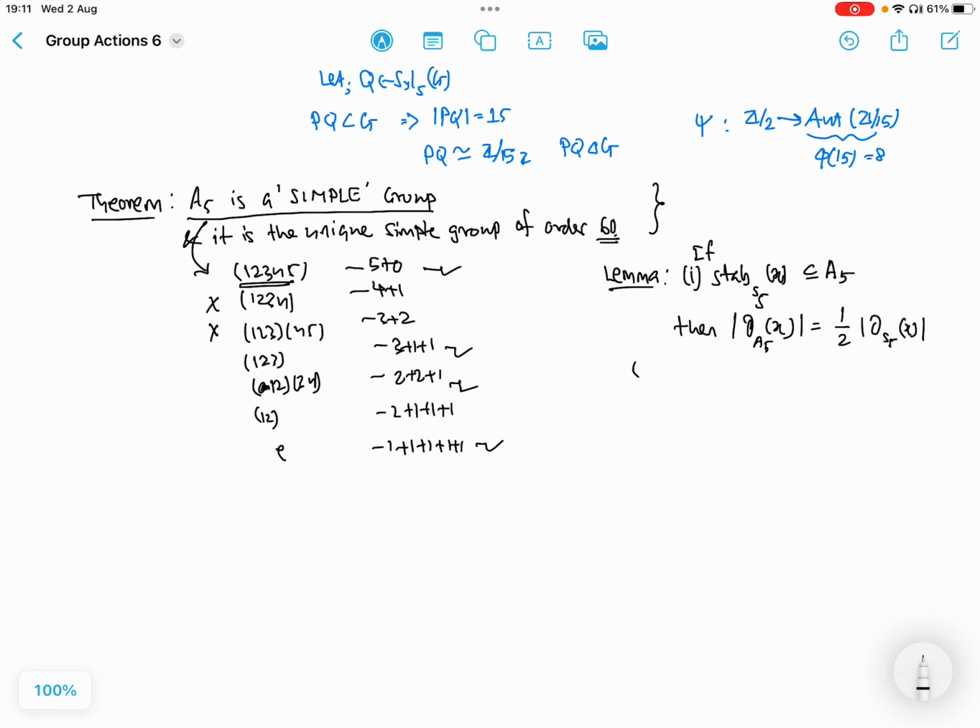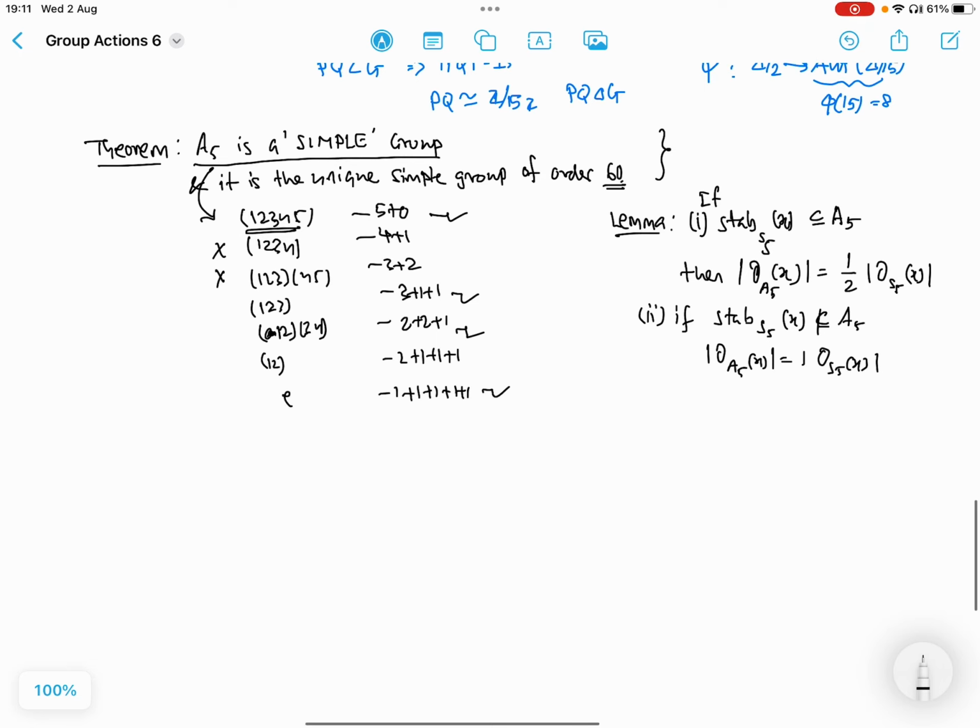And if not, there are two choices: either the stabilizer of X in S5 is inside A5 or it is not. And in the other case, the orbit remains the same whether you are in S5 or A5.